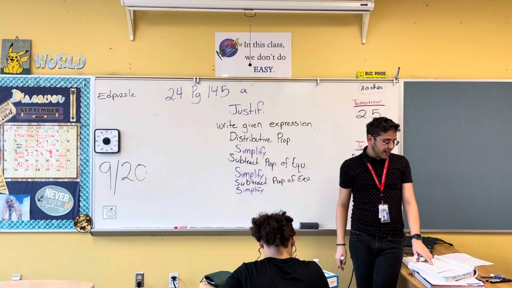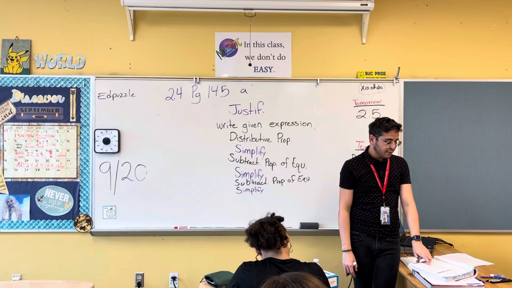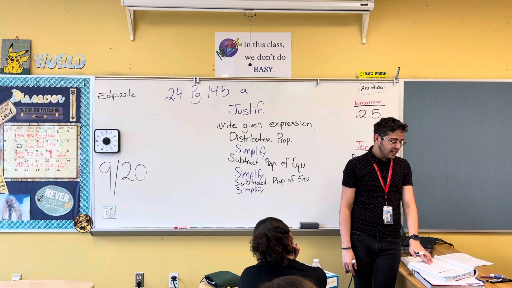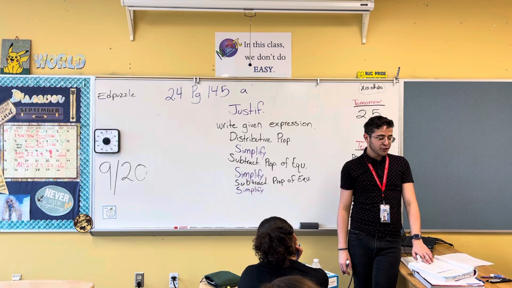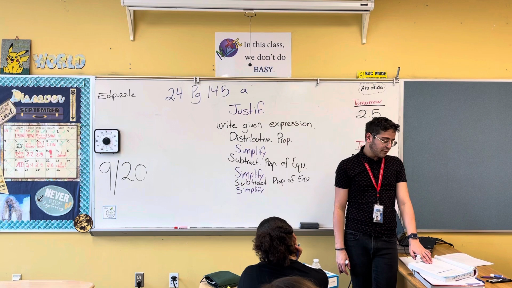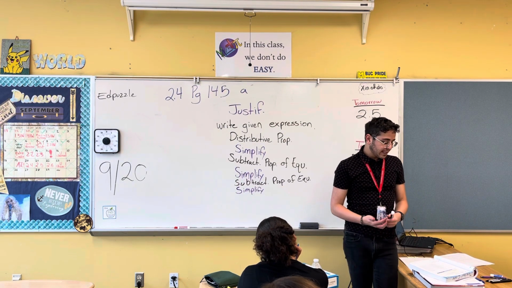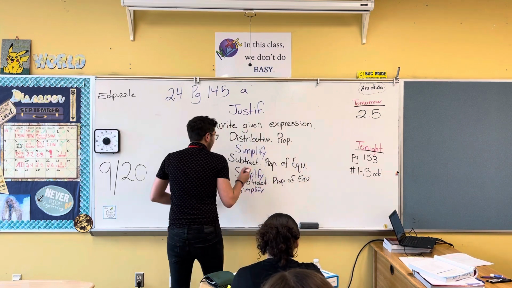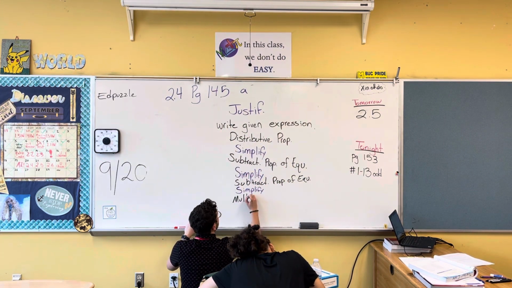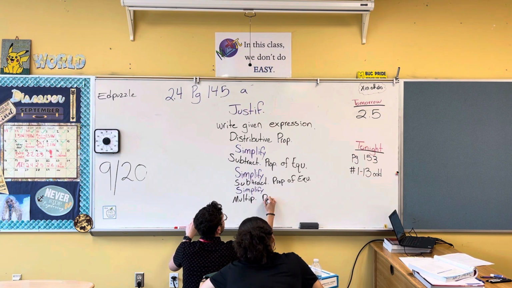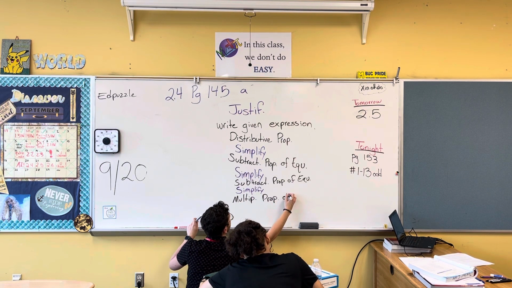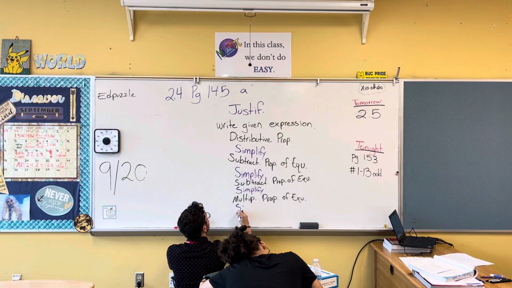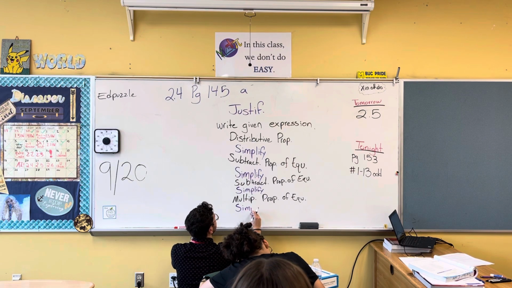Now we have simplified negative 5 is equal to 5 over 2x. The next step, we see 2 over 5 times negative 5 is equal to 2 over 5 times 5 over 2x. What did they add in that wasn't there before? Multiplication, which means they used what property of equality? The multiplication property of equality. And after you use that property, you're going to simplify, and you have your simplified answer, which is x is equal to negative 2.